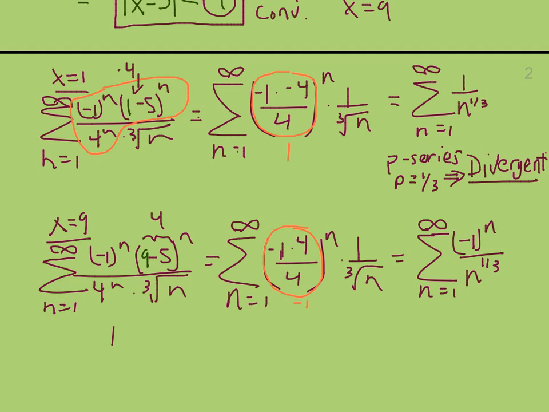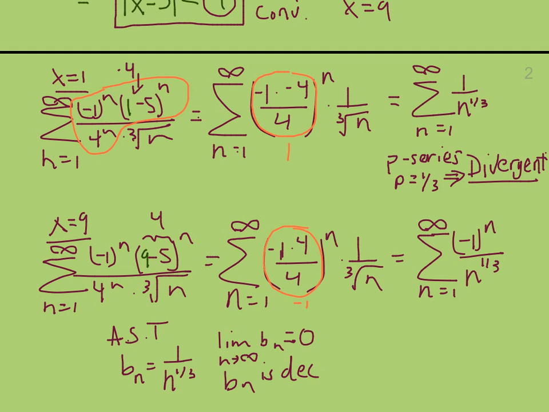And so for the alternating series test, we take the b sub n to be just 1 over n to the 1/3 power, and the limit as n goes to infinity of b sub n is 0, and it's also decreasing. The larger n gets, the smaller the terms get. So these two together mean convergence by an alternating series test.